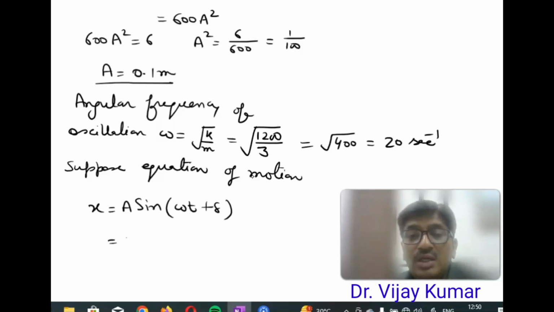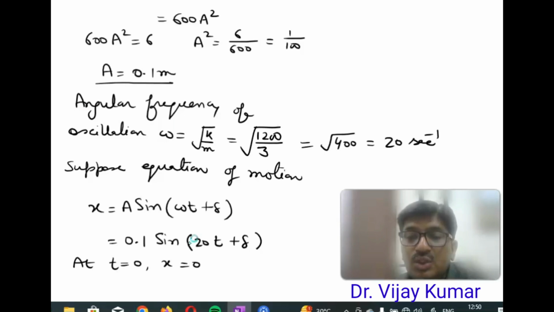A we have calculated as 0.1, sine omega, 20 we have determined, t plus delta. At t equal to 0, x equal to 0, so delta should be 0, pi, etc.